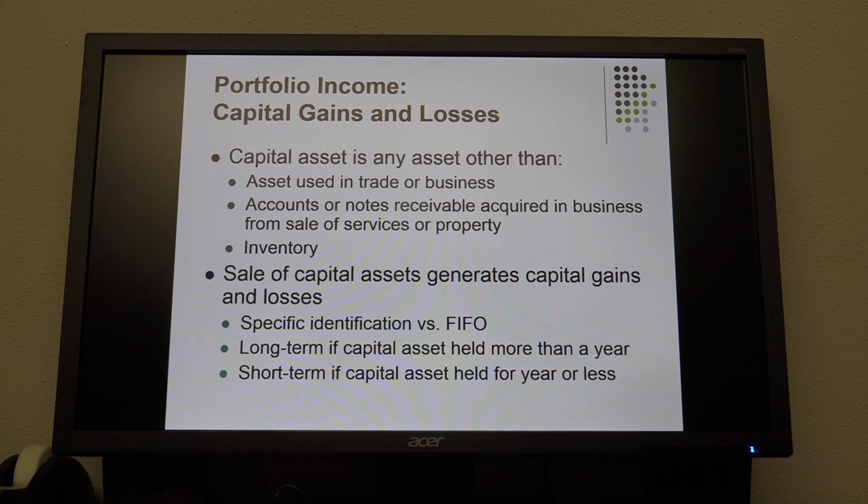It could be an exchange of one capital asset for another capital asset, for instance. But for ease, let's just talk about selling for cash, because that's the usual instance. You're going to compare the proceeds you receive with the capital asset's adjusted basis or tax basis.